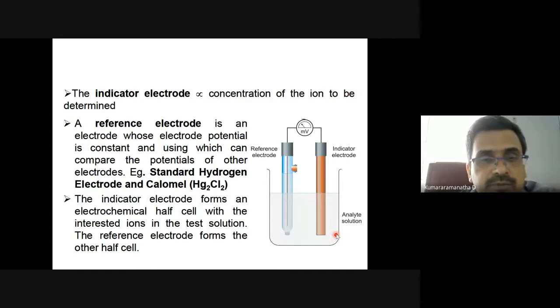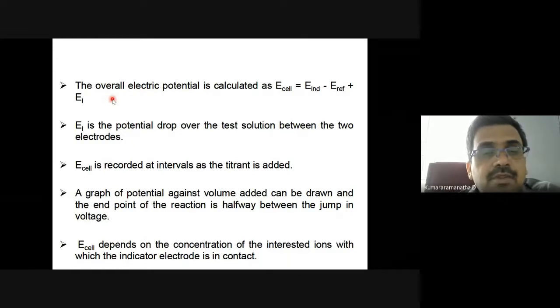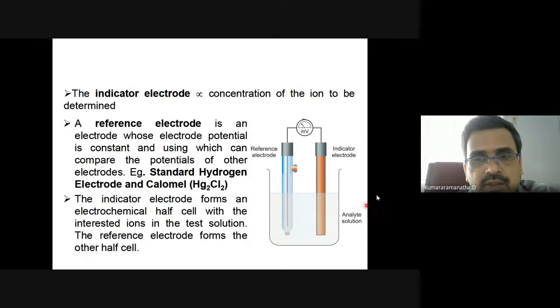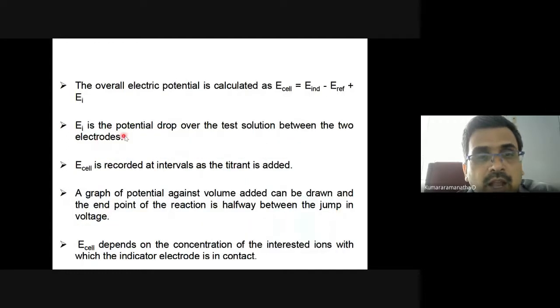Now, the overall potential in potentiometric titration is the overall cell potential, which is the indicator electrode potential minus the reference, depending on the existing solution. For an unknown solution, we see a sudden potential drop or change between the two electrodes.